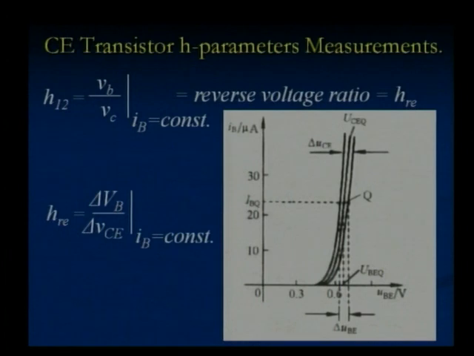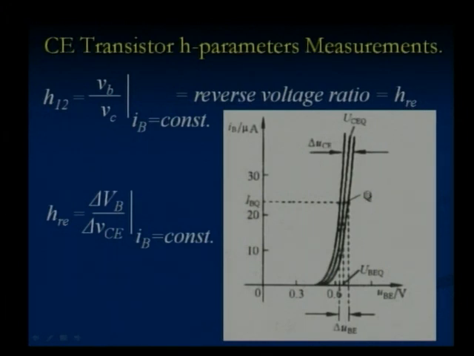The third one, let us say HRE, reverse voltage ratio. For that we use the relation between the base current once again and the base voltage. We can say that is like an input characteristics of a particular transistor. Delta VBE upon delta VCE at a constant base current.